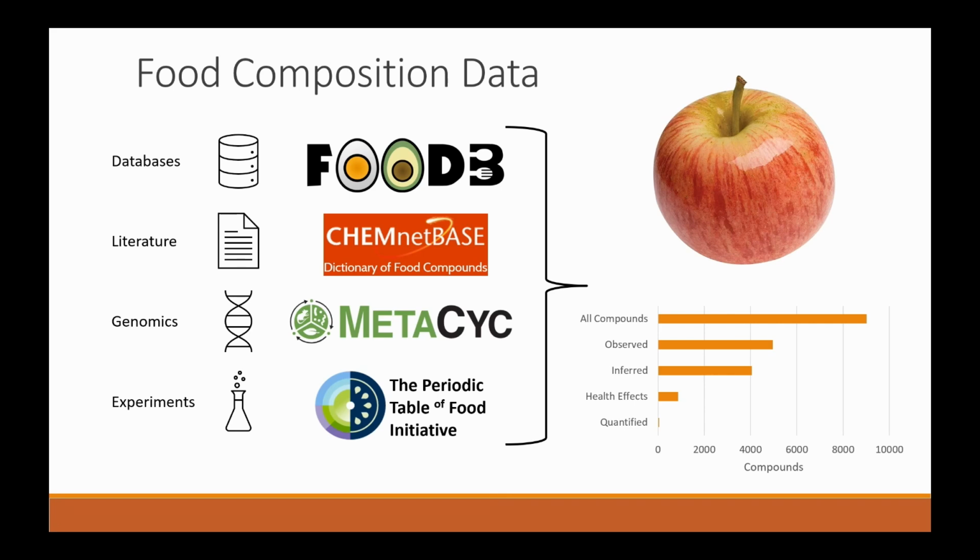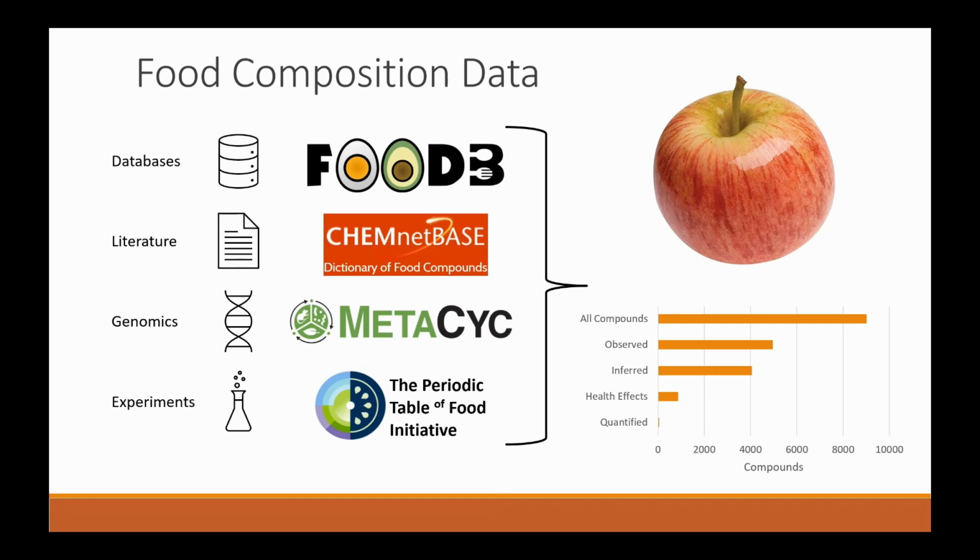Here in this example, I'm using apple. We can collect and extract almost 9,000 compounds for apple. About half of them are observed, the other half are inferred. Then FoodDB assigns about 800 health effects for those compounds. And the USDA tracks only 56 of those compounds and their quantities, right?